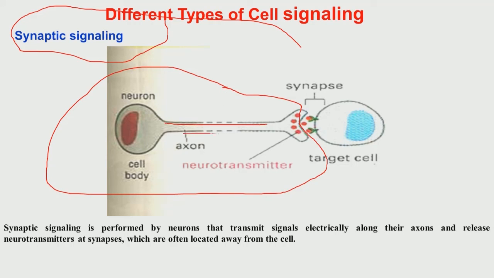You have an axon here, this is the cell body and nucleus, and you have a synapse, and a target cell T. Here again, signaling molecules or neurotransmitters are transported towards the target cell, then the cell surface receptors of the target cell get hooked to the signaling molecules, and as a result certain downstream signaling processes get activated, and that will influence the way this target cell would otherwise function.